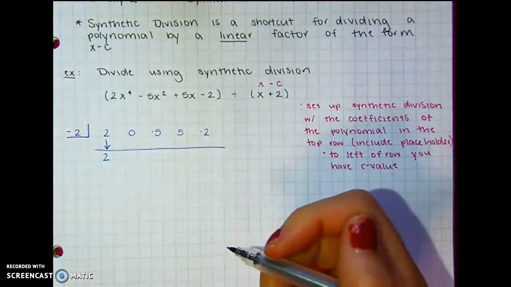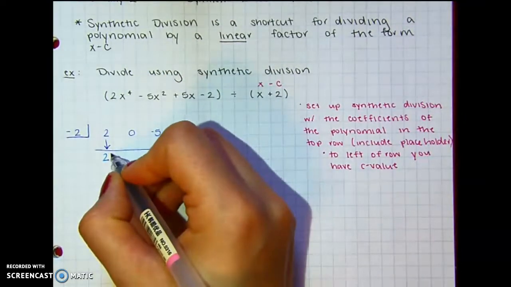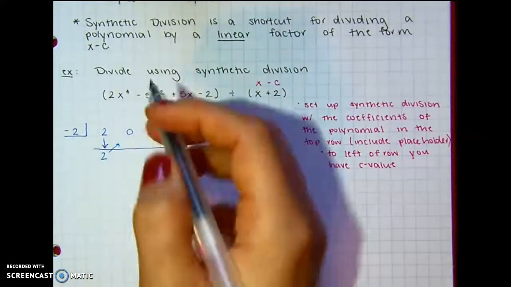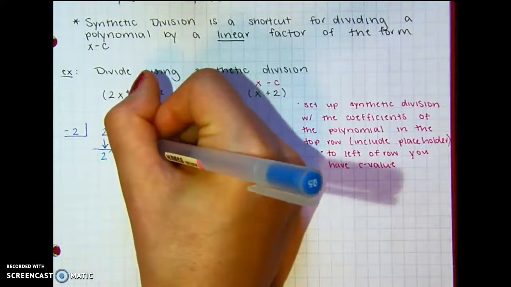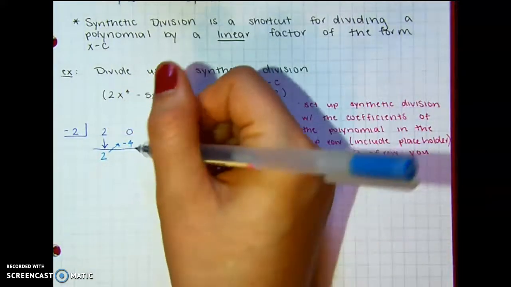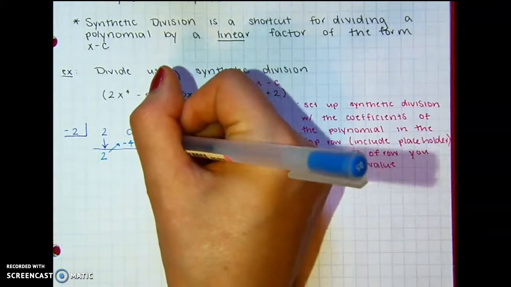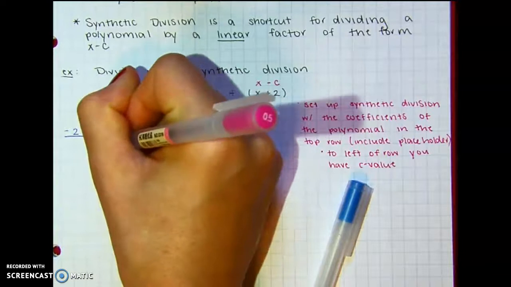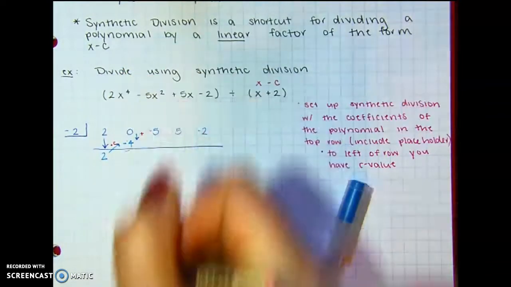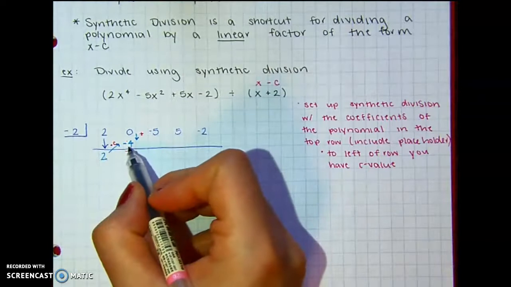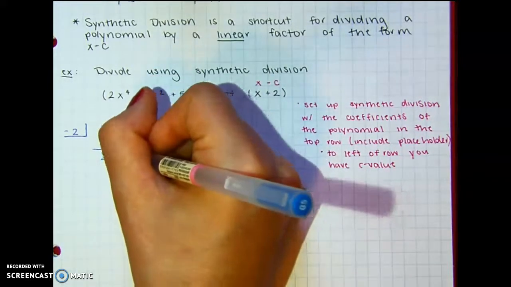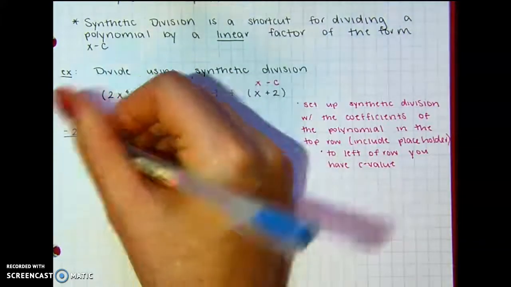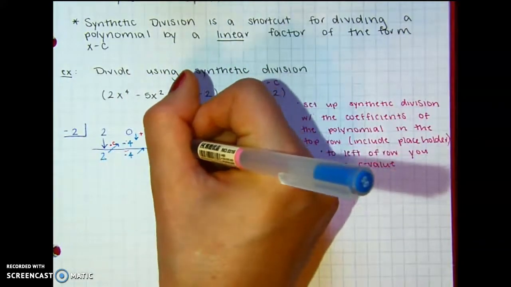And then what we do is we multiply by c to get a number right here. So do 2 times negative 2, which is negative 4. And then we add. So when you go to get your number here, you're multiplying by c, and then here you just add going down. So 0 plus negative 4 is negative 4. And then we multiply by c, so negative 4 times negative 2 is 8.